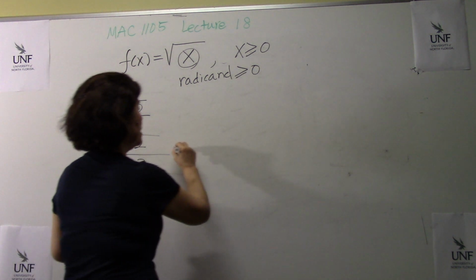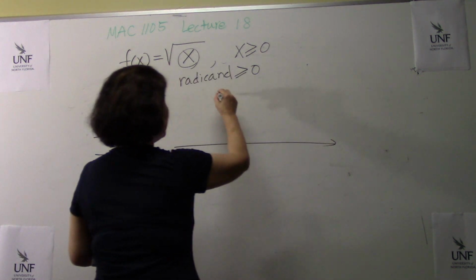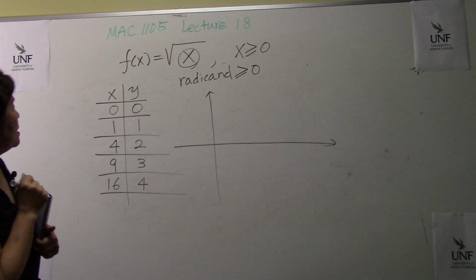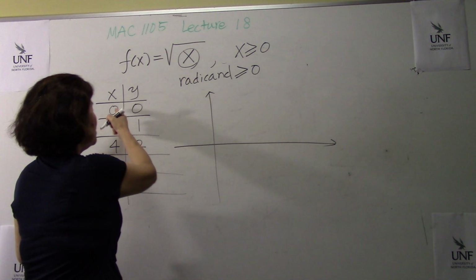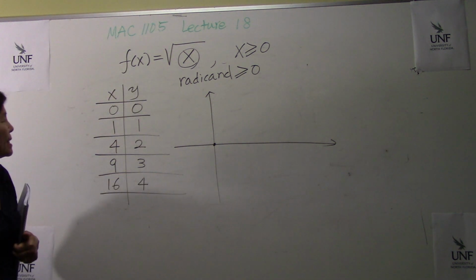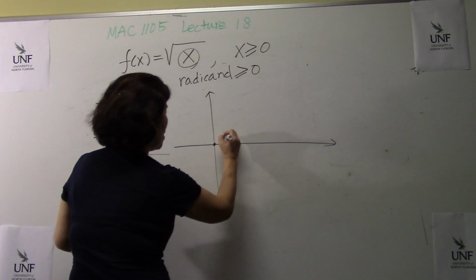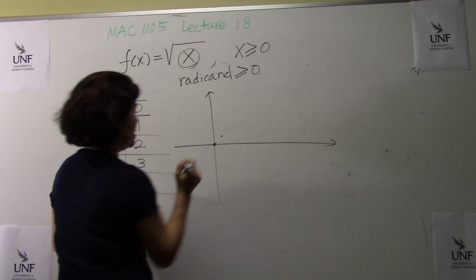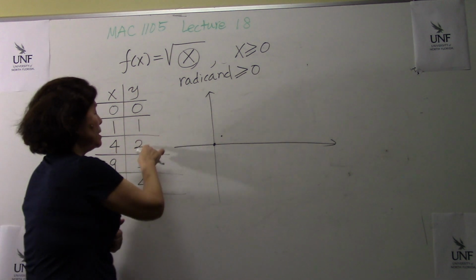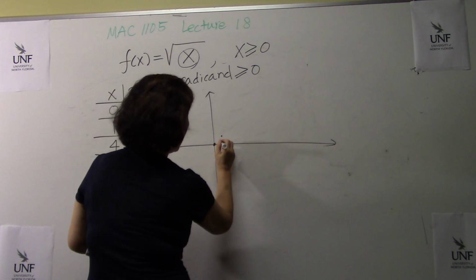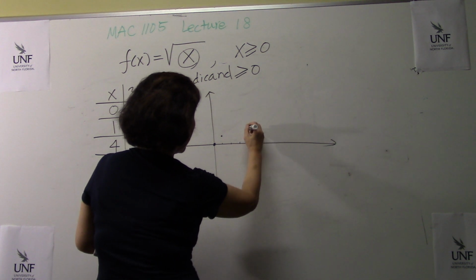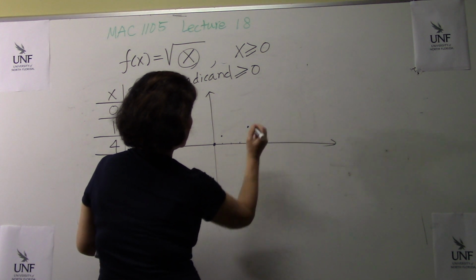Correct? Okay. So this time, is this function increasing rapidly or not so rapidly? So let's see. When x equals 0, y equals 0. When x equals 1, y equals 1. I'm going to make it here. When x equals 4, y increases only by 1. So 1, 2, 3, 4, and just going over here 2.